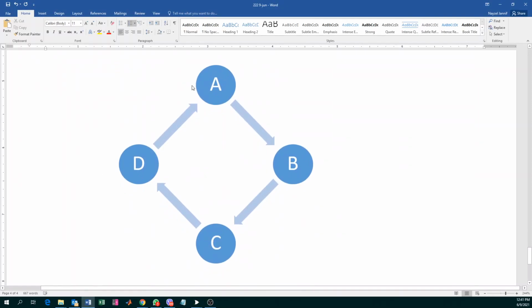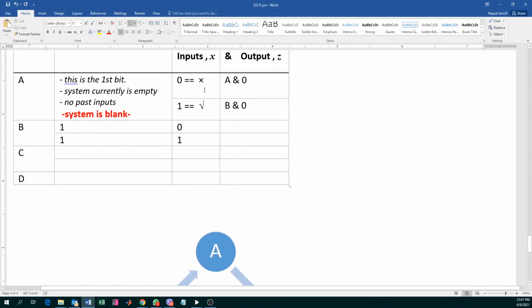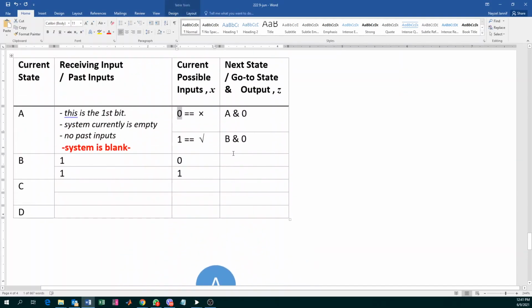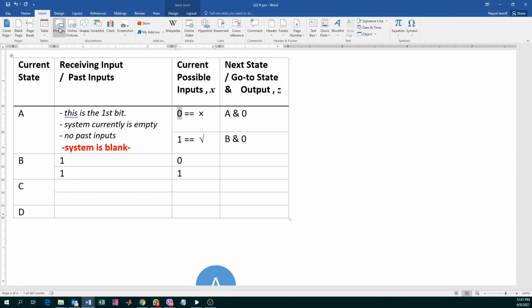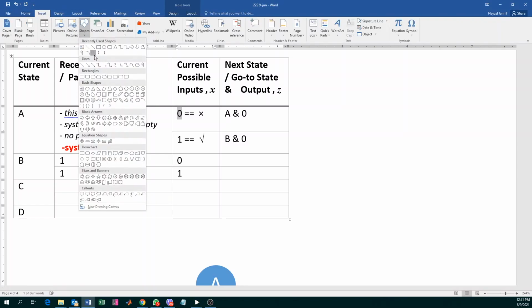If we have A, if our input is 0, where do we go to? We'll stay at A.